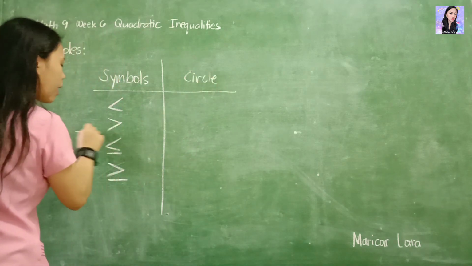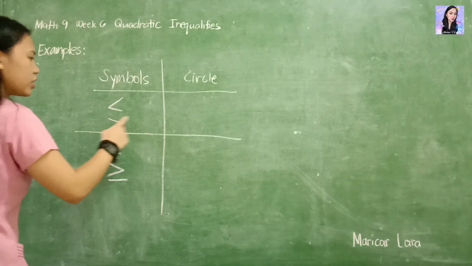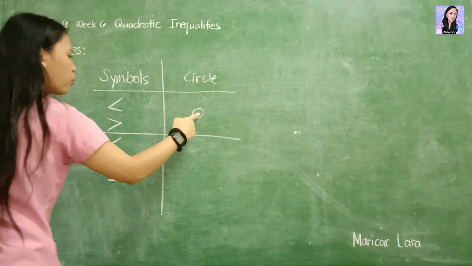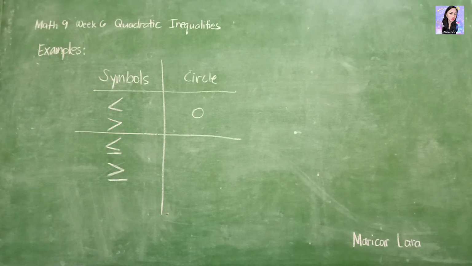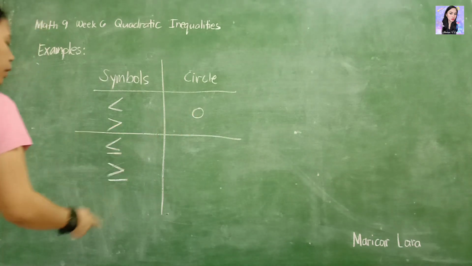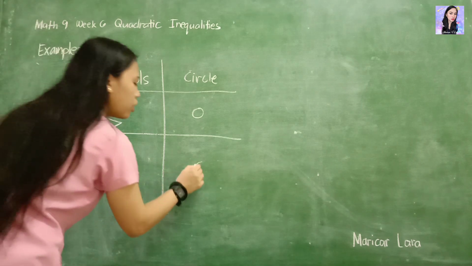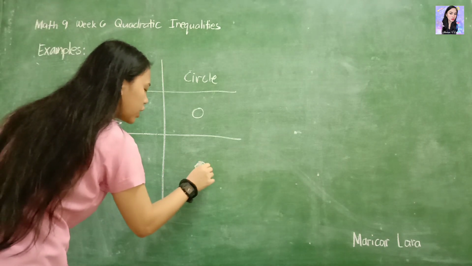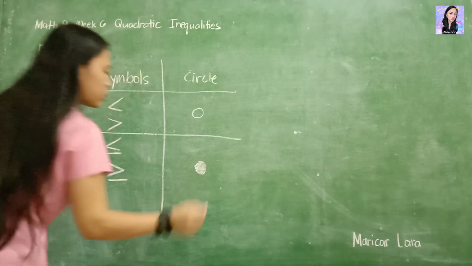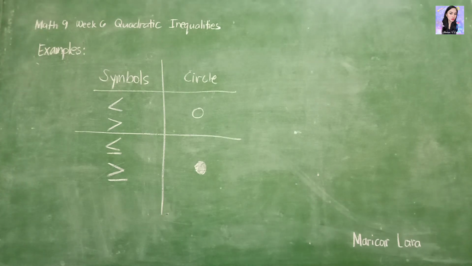Okay? So, ang graph ng less than at greater than ay open circle or walang shade or hollow circle. Walang laman yung loob. Kapag naman meron tayong or equal to o may guhit sa baba parehas, closed circle o yung merong shade o yung solid circle or yung closed circle.